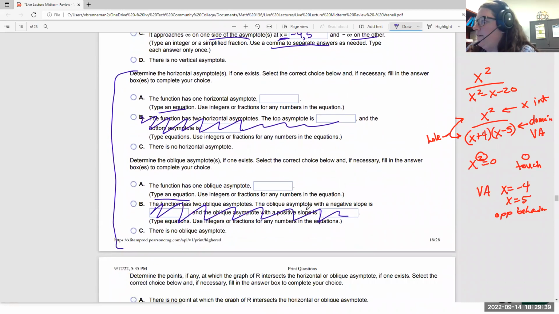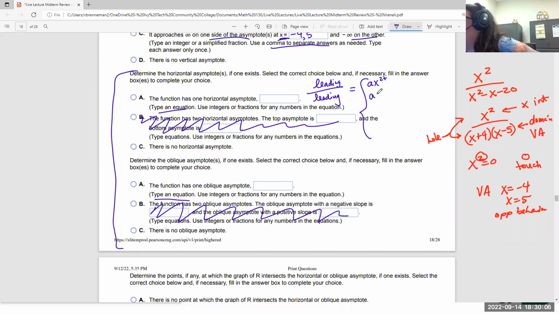All right, so then I have the horizontal or oblique asymptotes. So the rule for these is we look at the leading term of the top divided by the leading term of the bottom. There's 4 possibilities for what that simplifies to. It can simplify to a multiple of a power of x bigger than 1, so a multiple of x squared or x cubed or something.